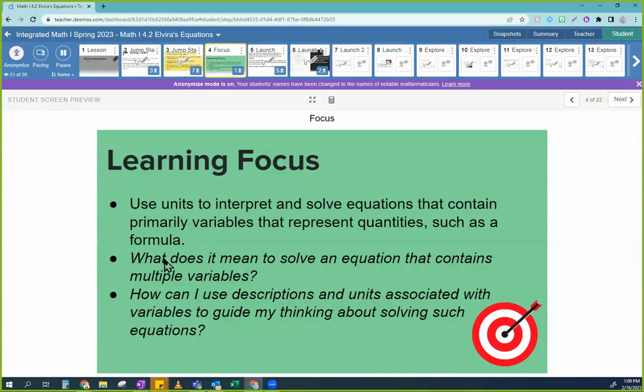You should all know your slope intercept formula, but people say form, right? y equals mx plus b. So what does it mean to solve an equation that contains multiple variables? And how can I use descriptions and units associated with variables to guide my thinking about such equations?